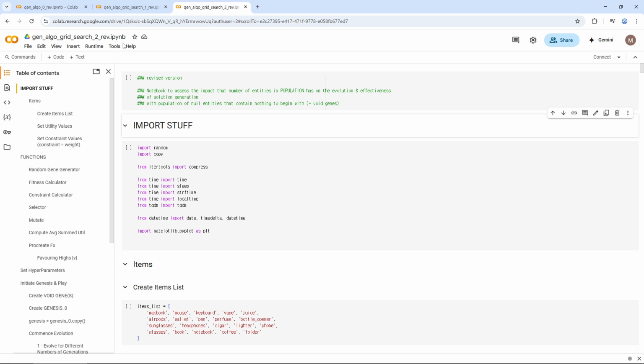Obviously this takes into account how many entities there are per summed utility value, or per key, in the entities dictionary in every generation.